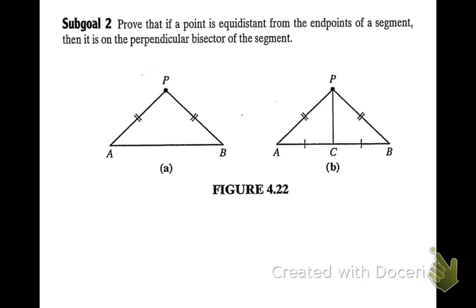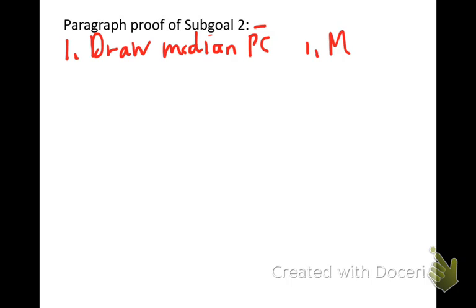So, step 1. You can do this and refer to the drawing. We would draw a median PC, and that's by the median postulate. Anytime you draw something in, that's the postulate of whatever you drew in. So that's the median postulate.